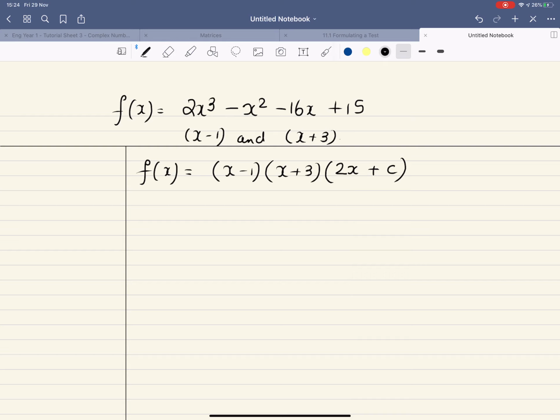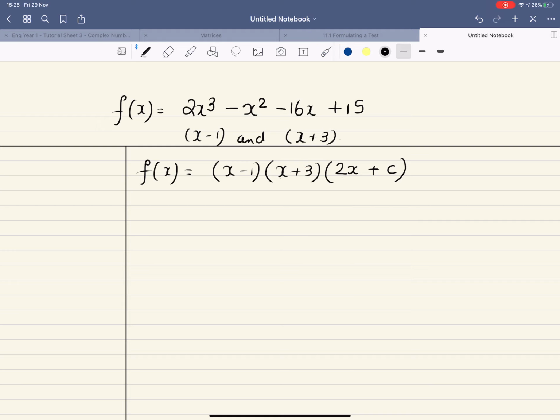The only way we can get the x cubed is from this x times this x times this x. So that's why that has to be 2x there. It's x, x, and 2x, to get 2x cubed. The only way to get 15 is from that times the c. These x squareds and x's are more complicated because they all come from different places. But the first one has to come from the first ones multiplied together, and the constant has to come from the constants multiplied together.